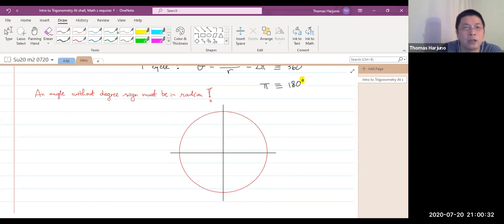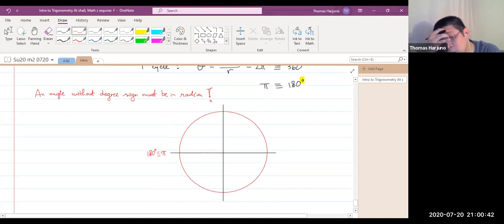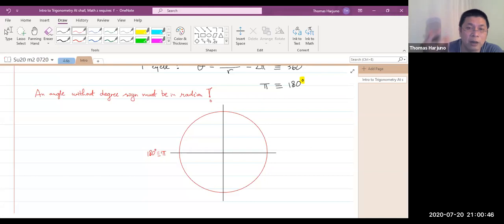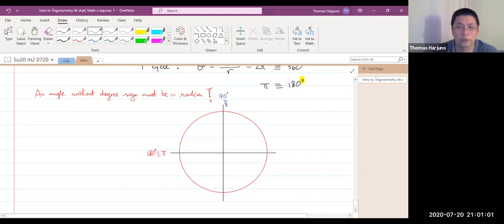If the angle is 180 degrees, that's equivalent to pi radian. Now try to visualize this though. 180 degrees is pi radian. Now if I divide that by 2, I will get 90 degrees. But that 90 degrees corresponds to pi over 2 radian.